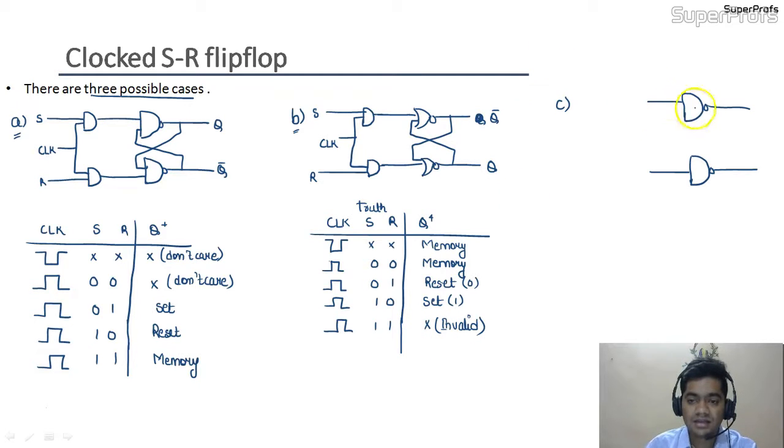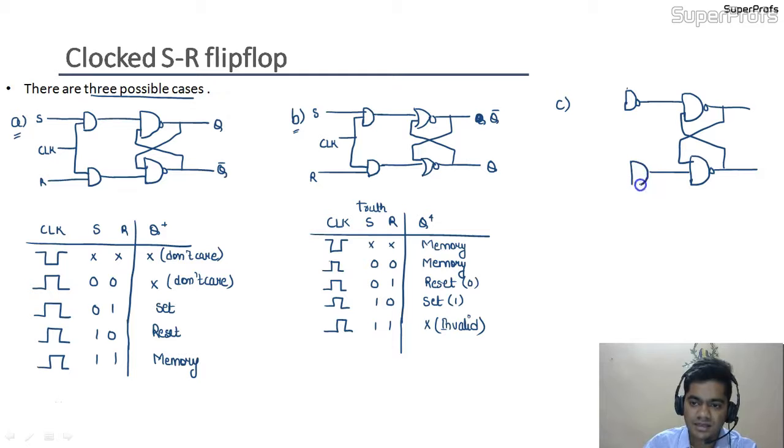So to make this truth table using the NAND gate latch, we are going to pass our clock pulse through the NAND gates instead of AND gates.